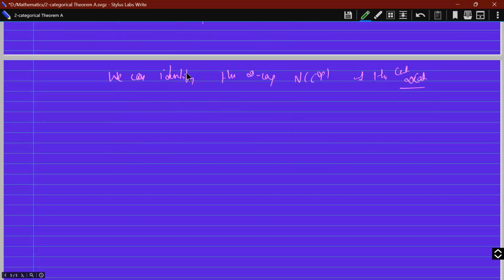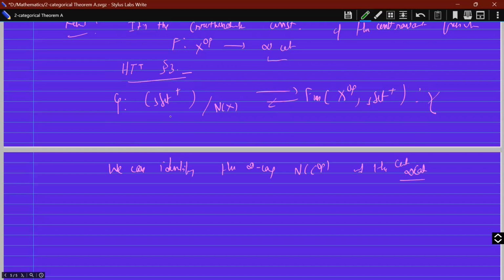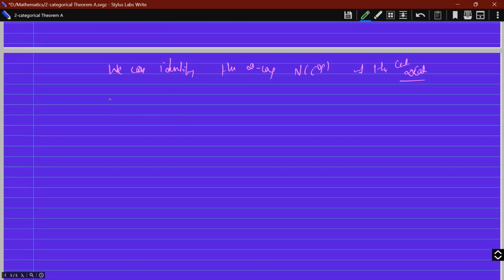Now, what is the point? This is the category of marked simplicial sets. I talked about marked simplicial sets before, but let me define that real quick.